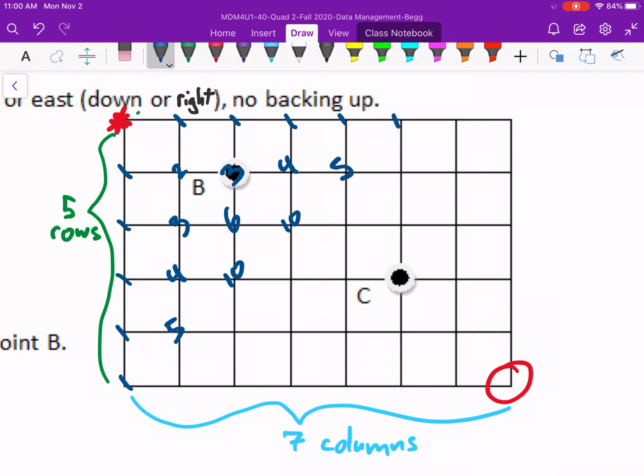Once I get here, remember, I can't go off the screen, so then things get a bit funny. I can still get a 6 here, though.